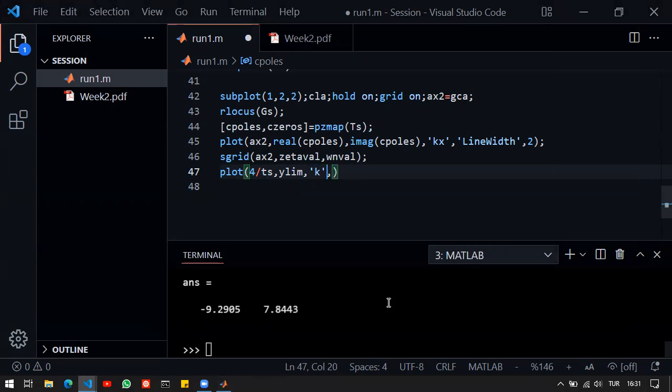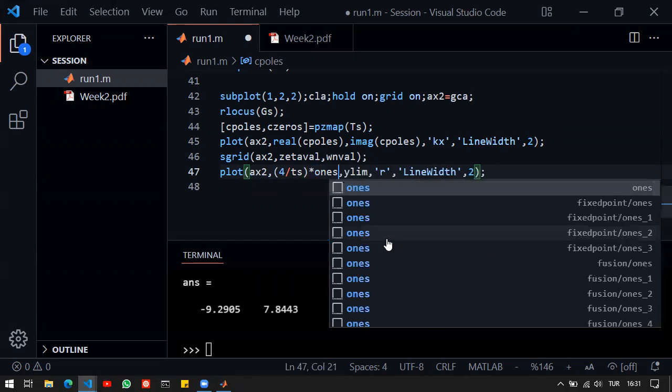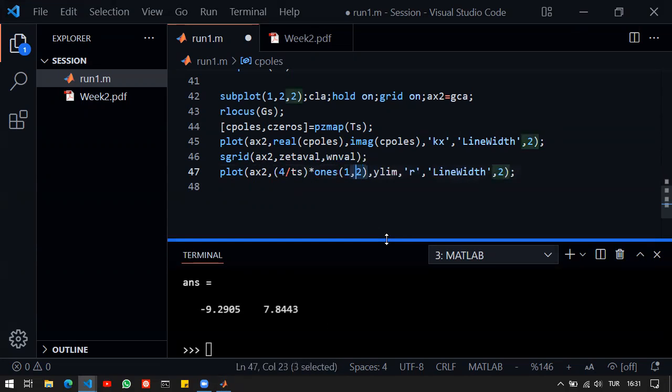Let's have a line, black line. Well, let's have a red line. So since I have a scalar value here, and this will have a 1/2 size, let me also multiply it with 1/2.